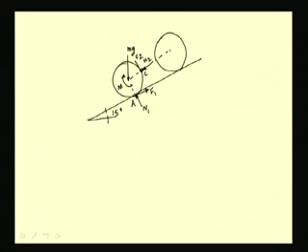On the other cylinder, the direction of this frictional force will be opposite, and this will be the direction of this force N2. At this contact, we have the normal force and the frictional force and the weight of the cylinder, say mg.